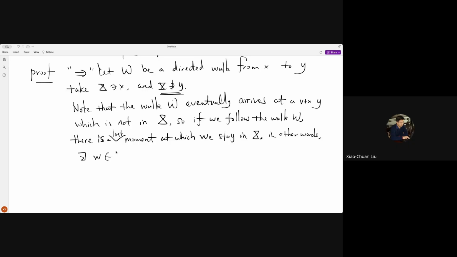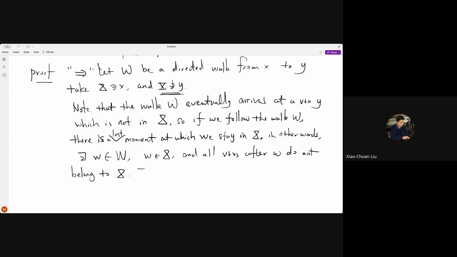So it's one of the vertices in w, and the w belong to x, and all vertices after w do not belong to x.